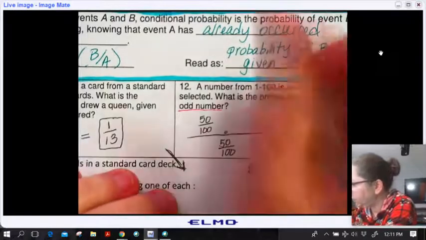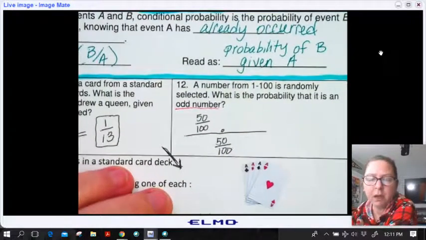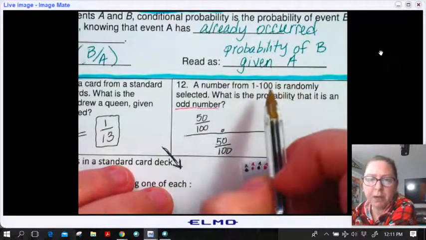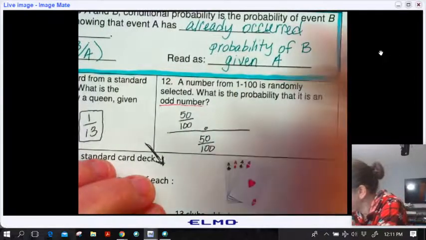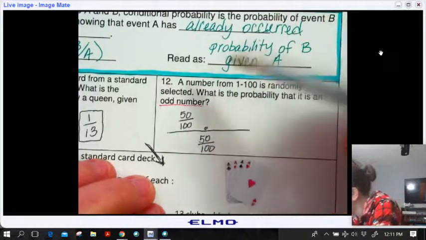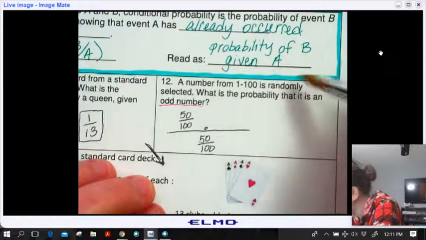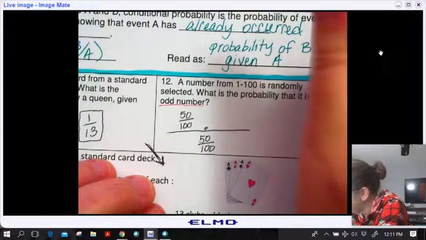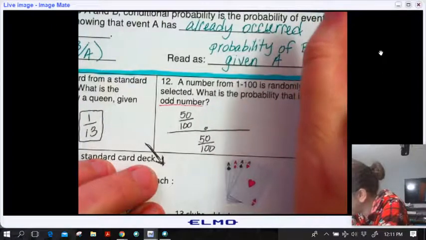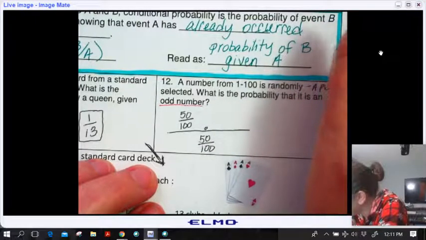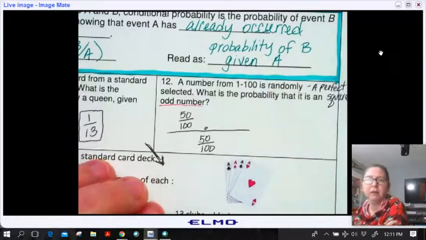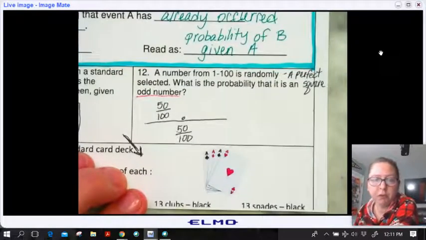Yeah, this should also include something about the number being a perfect square. Okay, let's add that. A number from 1 to 100 is randomly selected, and I want this to be a perfect square number. That was a typo. Sorry about that. So the number's got to also be a perfect square.